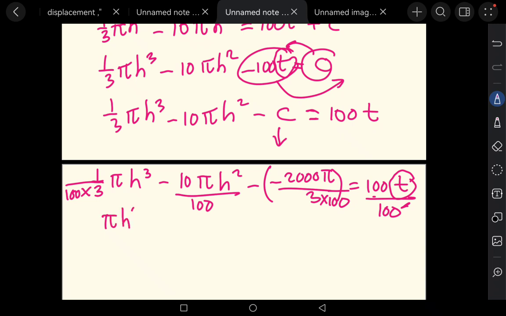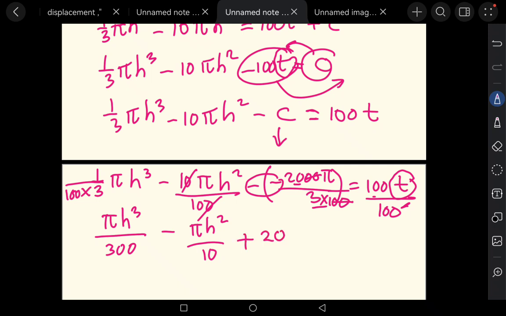So now we have pi h cubed over 300, minus pi h square over 10. Okay, check. Then this cancels with this, 20 over 3. Negative times negative, positive 20 over 3.